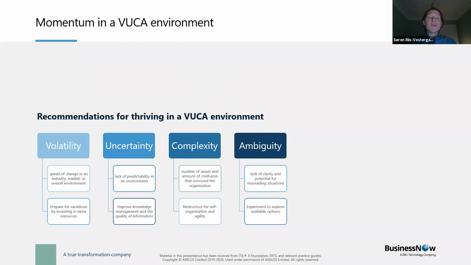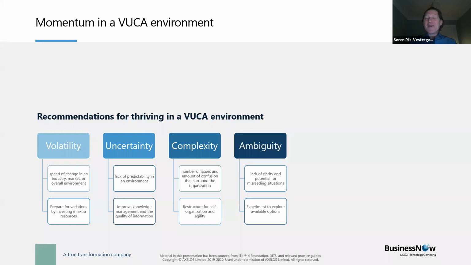Okay, so the context for doing that is that we are living in a so-called VUCA environment, which means that we have to deal with high volatility, which is speed of change, and uncertainty. It's actually difficult to predict what will happen if we do one or the other, and it's difficult to predict who will become the next president of the United States or whatever.